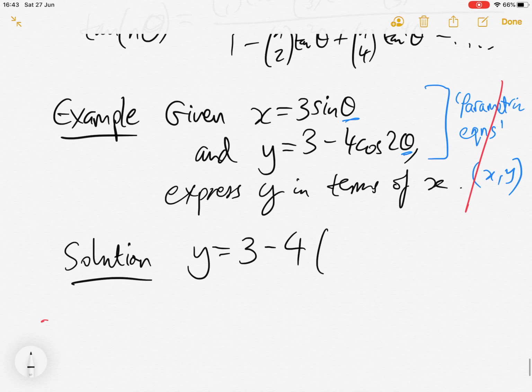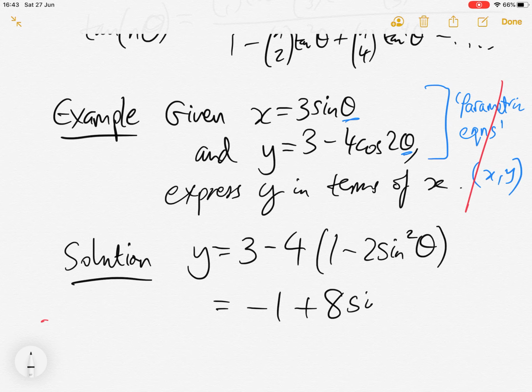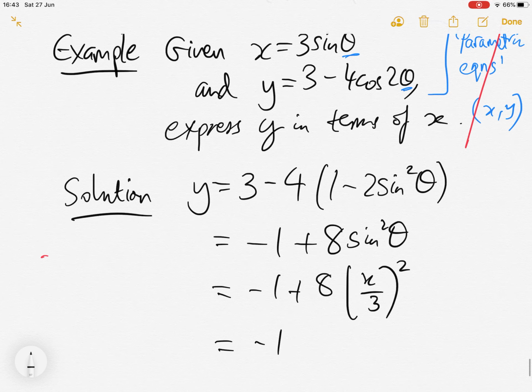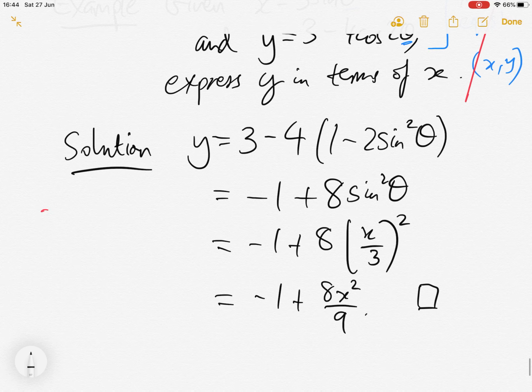So let's replace cos 2 theta with 1 minus 2 sine squared theta. So we've got 3 minus 4, that's minus 1, plus 8 sine squared theta. And note that sine theta is x over 3. So this is minus 1 plus 8 times x over 3 squared, which is minus 1 plus 8x squared over 9. Done. That's y in terms of x.